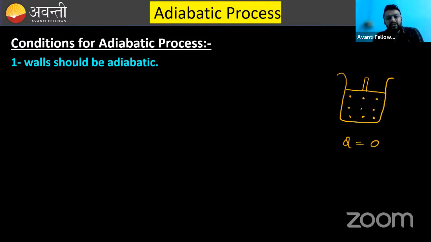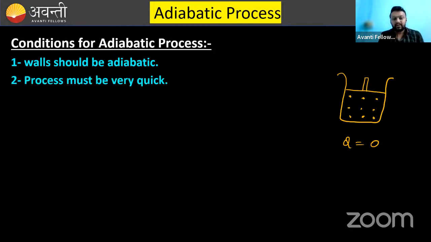So in that case, the suggestion is, what if we just don't give time for the transfer of heat? That means the process should be very quick. The process should be very quick.